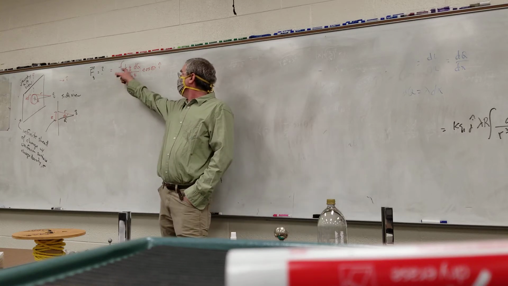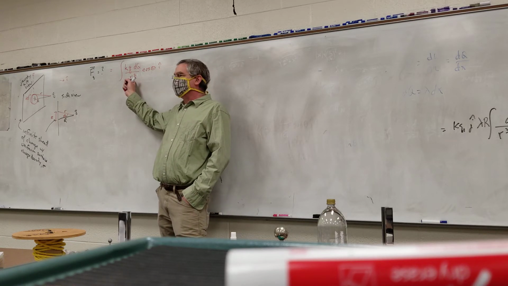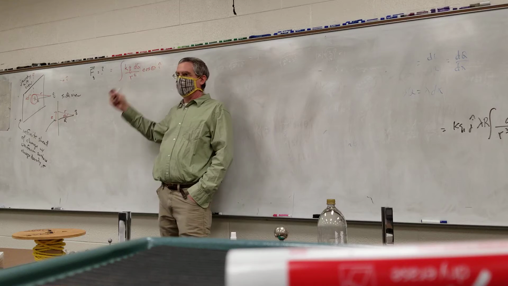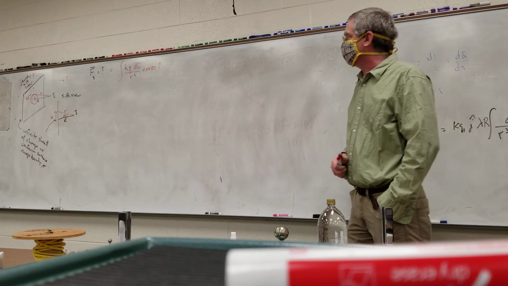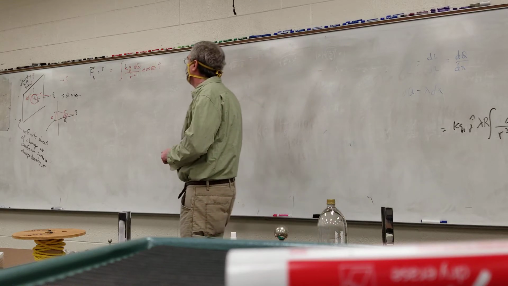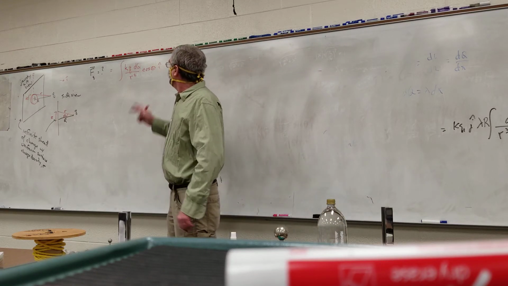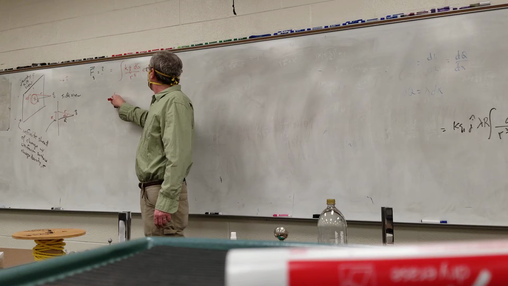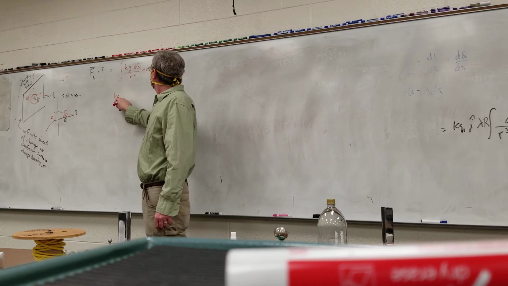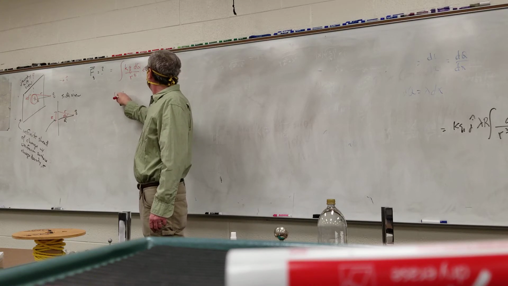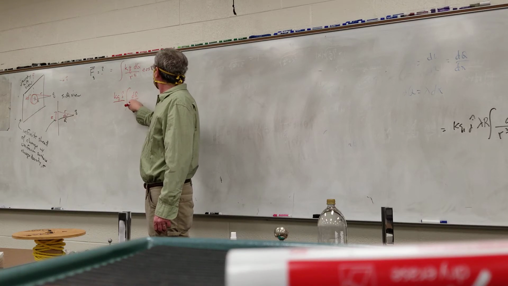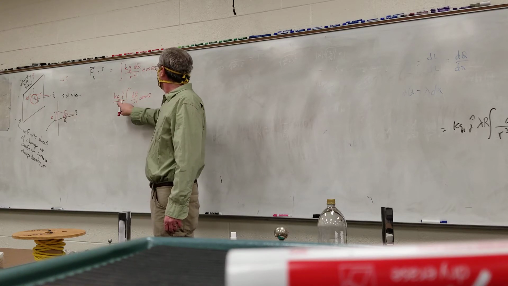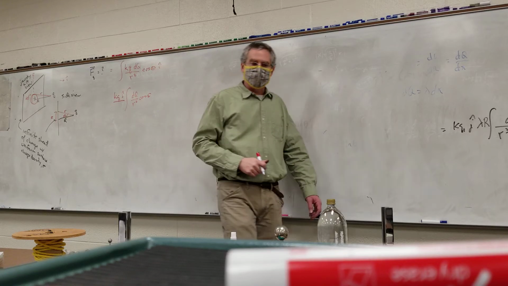So k times the product of the charges divided by the distance squared, and then the cosine theta, because we're only looking at the horizontal component, because the vertical component's canceled. Pull the constants out, so I got kq i hat pulled out, and then I'm left with dq over r squared cosine theta inside my integral here.